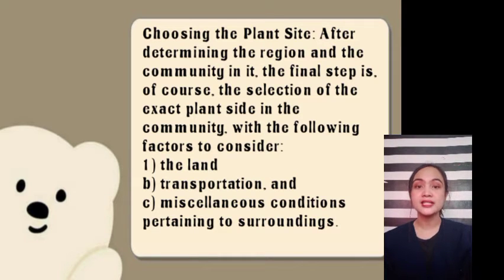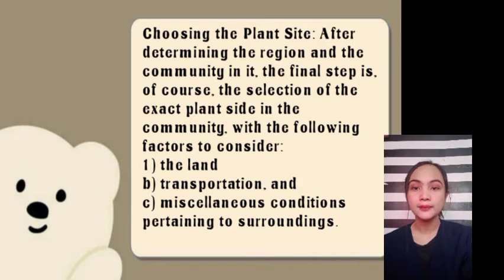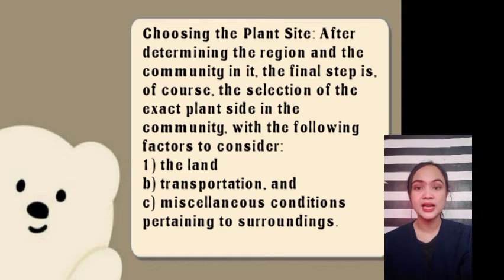Either it is ample in size, including room for expansion. And B, transportation and other factors, and second in importance is the transportation, whether the site is readily accessible to rail, motor, water, or air transportation as may be required.